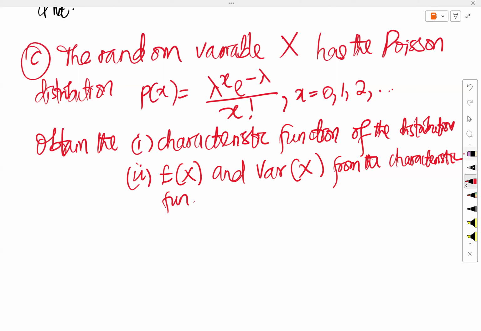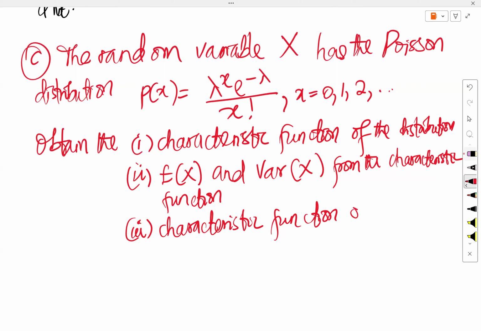And lastly, we need to find the characteristic function of 2x plus 1. So that's how it has been. So let's go into that.